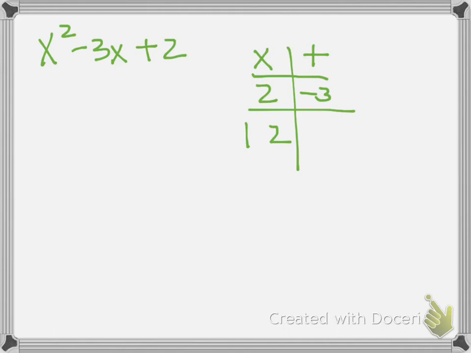And again, they both have to be negative because they have to add to give me the negative 3 and multiply to a positive. A negative times a negative is a positive. So here's how I write my factors. These are called factors. This is the standard way to write it. Okay, great. Final answer.